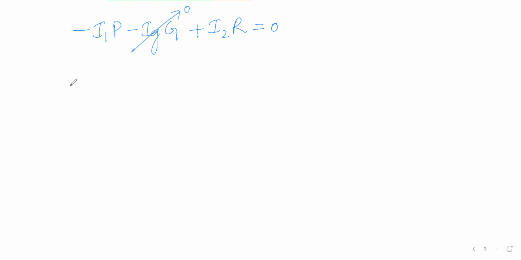Then we are left with minus I1P plus I2R equals 0. By simplifying this, we will get I1P equals I2R. Call it the equation number 4, where minus and minus will cancel each other.